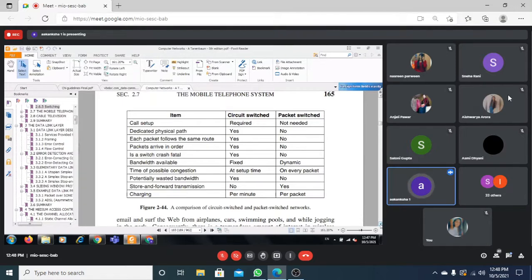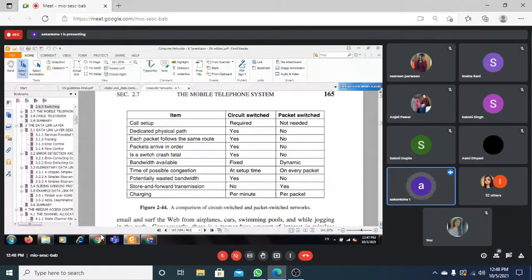Now I would like to mention here, dedicated physical path means, if it is through the wired medium, coaxial cable, twisted pair or optical fiber, you will have a dedicated wire medium. Okay, and the dedicated wire will be installed from your home to the local telephone exchange or the local ISP. But it is not always the wired medium. It may be the microwave, it may be the radio frequency range, it may be any other medium.